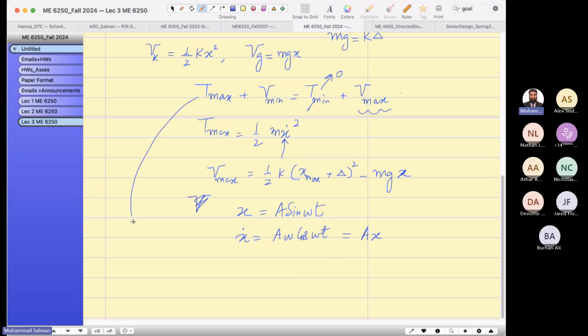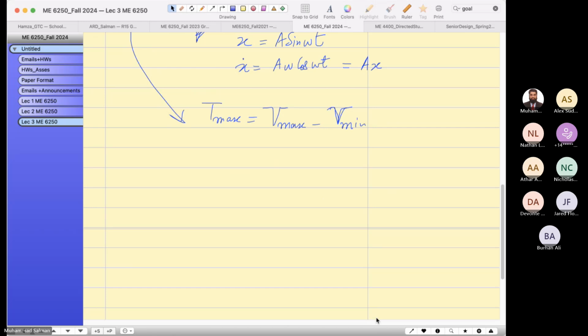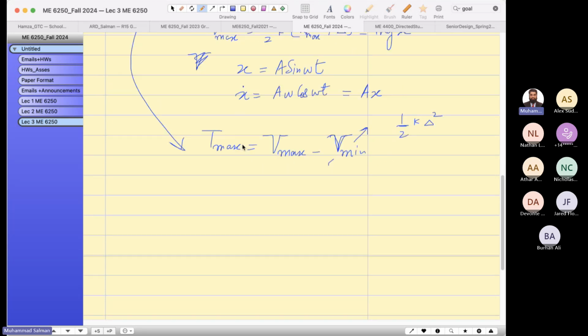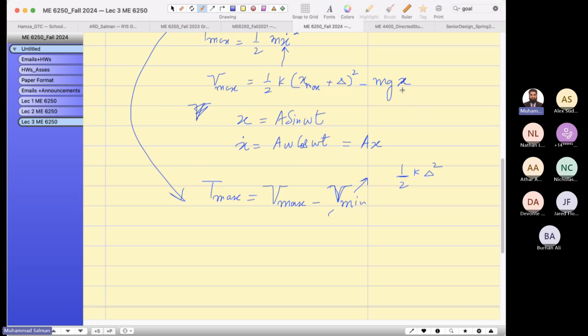So I'm going to start from here. V max equals V max. This is my V min. And V min is the static deflection. So I would say this V max is also max, so this is equal to this one.